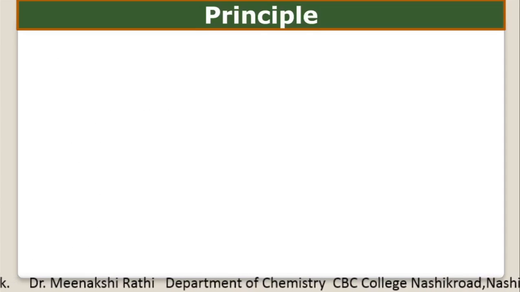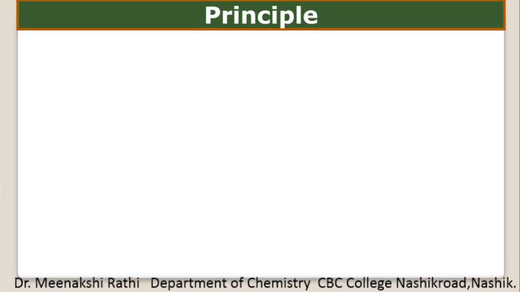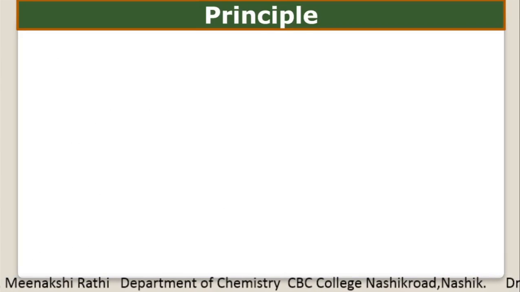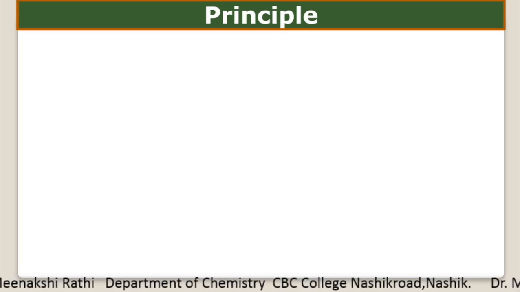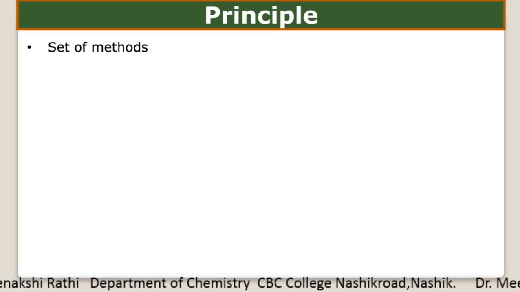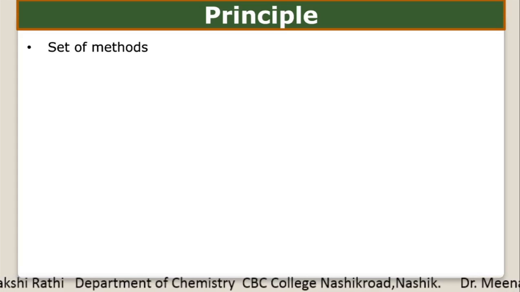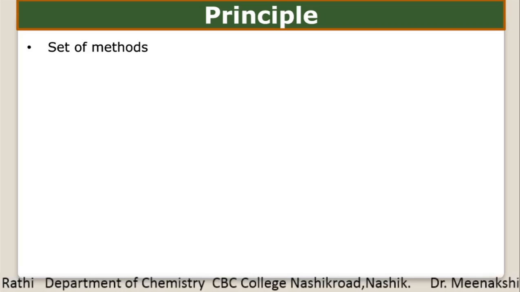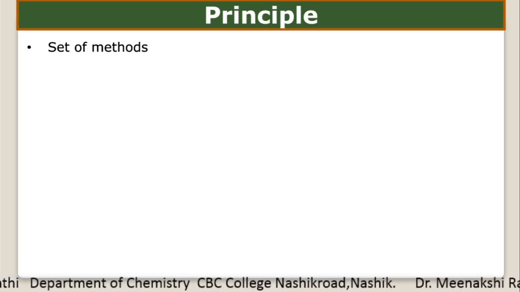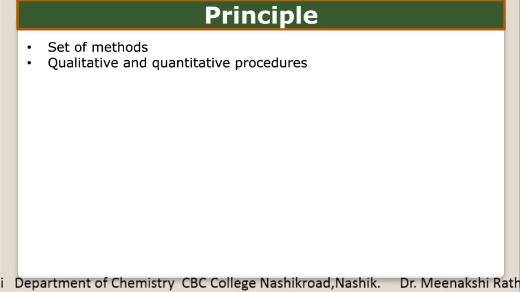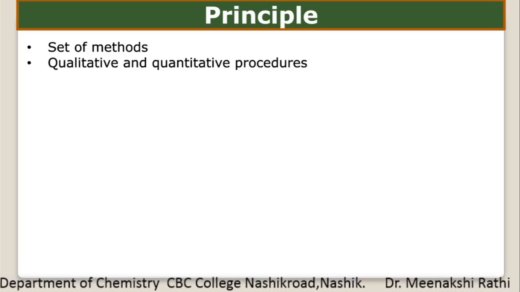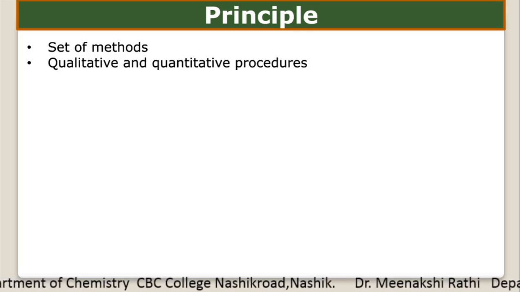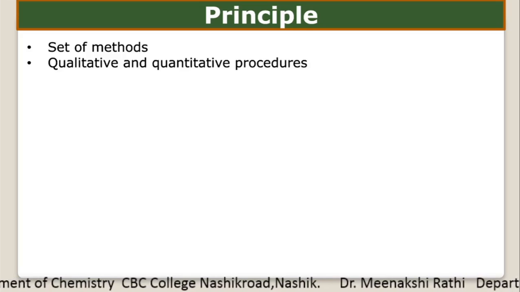Now, let's see what we mean by biochemical techniques and what is the main principle of these techniques. A biochemical technique is defined as a set of methods. Various methods are used, and these methods include qualitative and quantitative procedures.